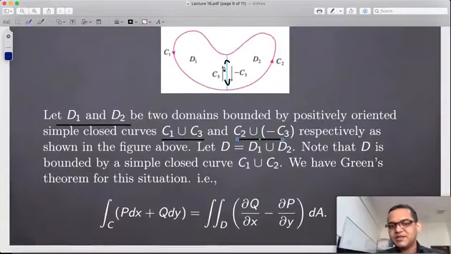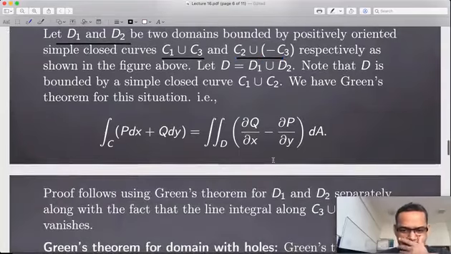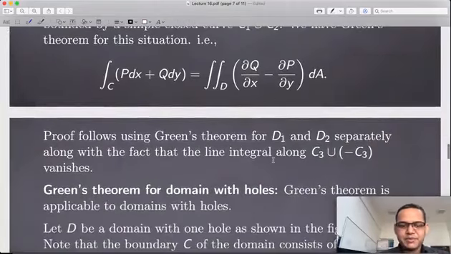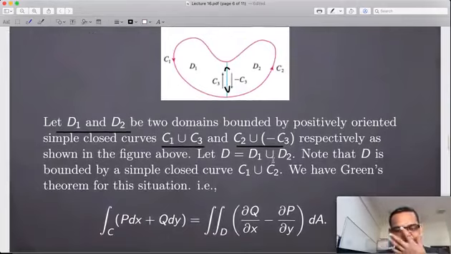So when you put them together, the C3 with positive orientation here and C3 with negative orientation here, they will cancel each other. Okay, so this extra line which you have here will just disappear, and what you will get is the line integral over C1 and then C2. So you get the result. Okay, so I did not write the detail, rather you can just complete them. Okay, so this is a situation where we put two things together along a common boundary.